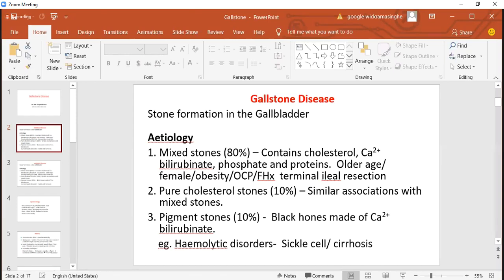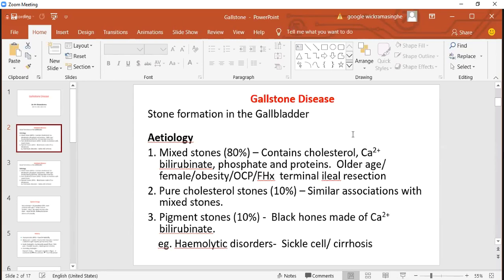Gallstone disease is stone formation in the gallbladder. We know of roughly three types of gallstones. The most common one is the mixed stones. 80% of gallstones are mixed stones, and they contain cholesterol, calcium bilirubinate, phosphate, and proteins.